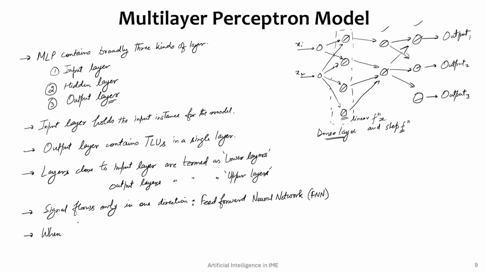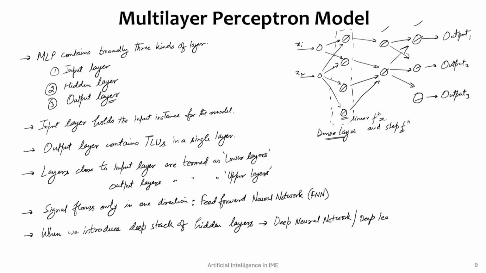When we introduce a deep stack of hidden layers, then it is known as a deep neural network or deep learning.